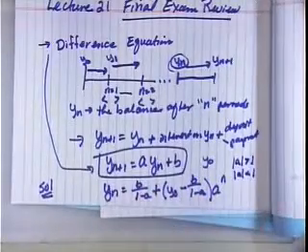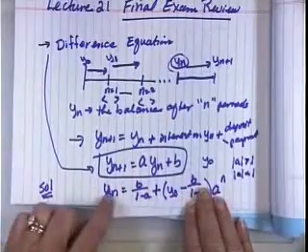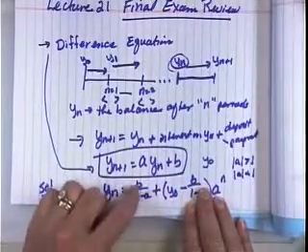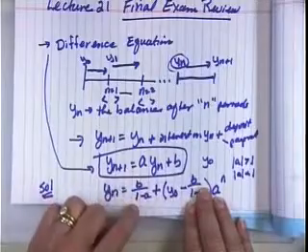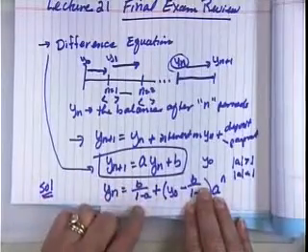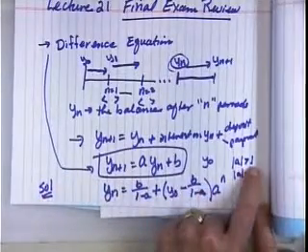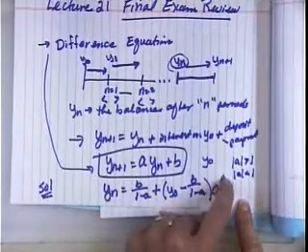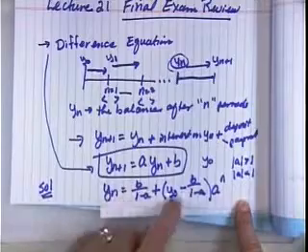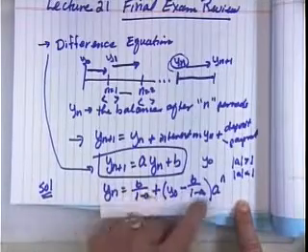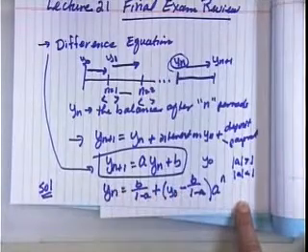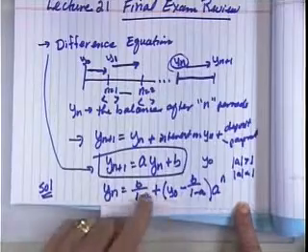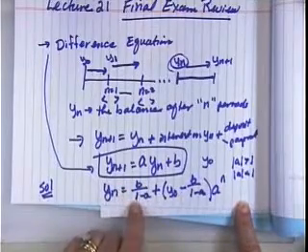So when the absolute value of a was less than 1, this thing starts to get real little, and the points start to approach or be attracted to b over 1 minus a. When the absolute value of a is bigger than 1, such as 3 or 4, this number you're raising to a bigger power, so it's going to be b over 1 minus a plus this thing, which is getting bigger and bigger and bigger, so it would be repelling that line.